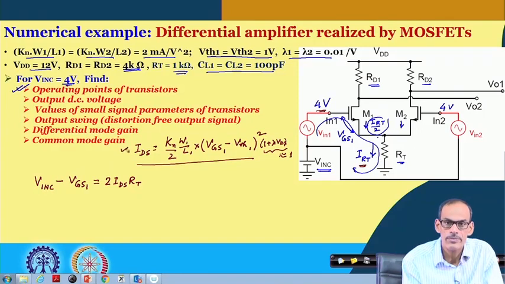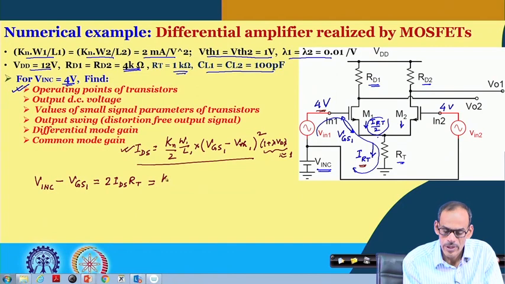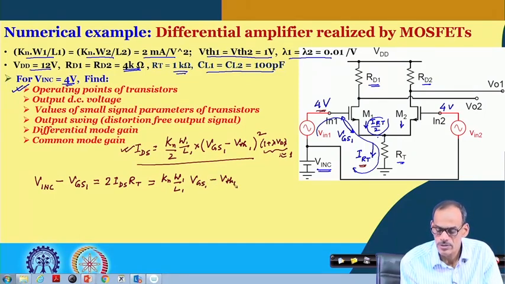And then the expression of IDS is given here. So, we can write this as Kn W by L into (VGS minus VTH) square into RT.